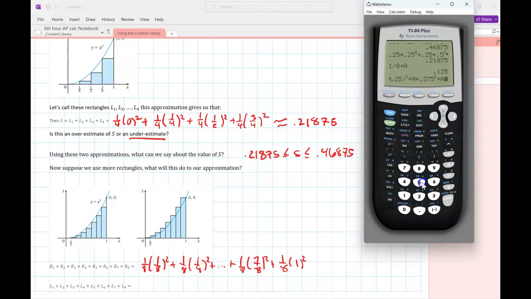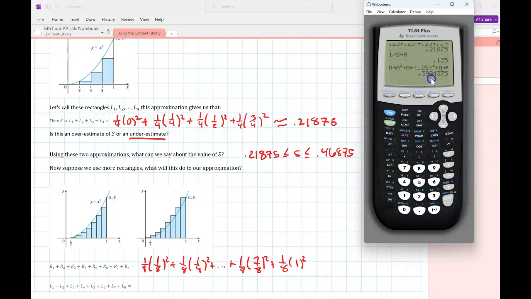And then we have 4/8, which is a half. And then we have 5/8, and we have 6/8, which is 0.75. And then we have 7/8. And then 1 squared.